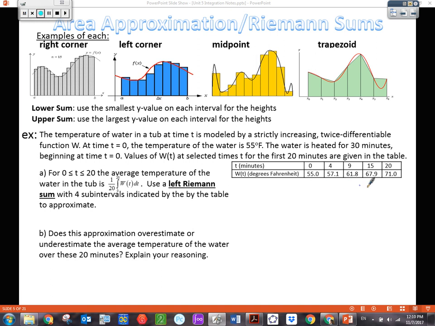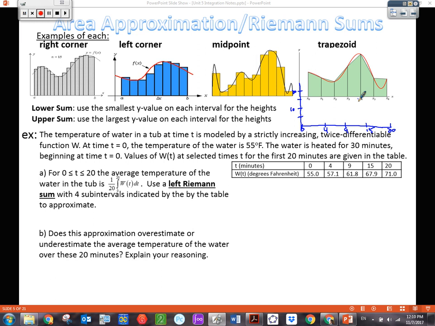So my x-axis is going to be t for time, so 0, 4, 9, 15, and 20. I'll just draw that out there. My y-axis needs to go to 20. So we'll just go 5, 10, 15, 20. Just go by 5s.